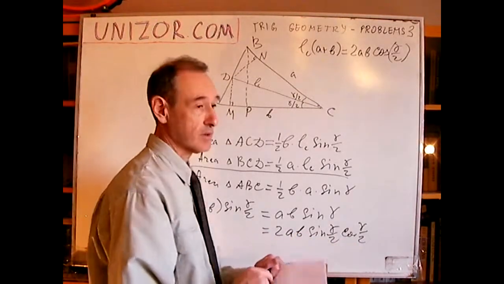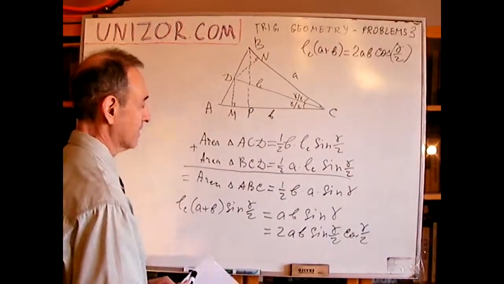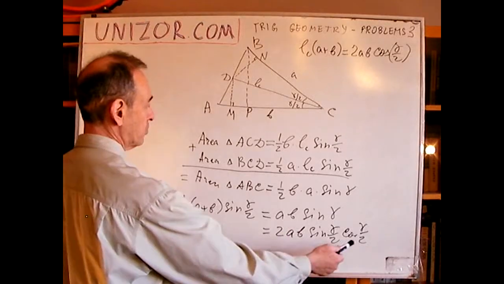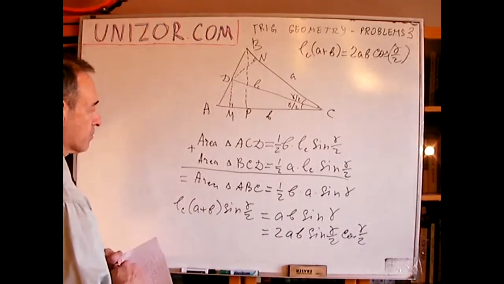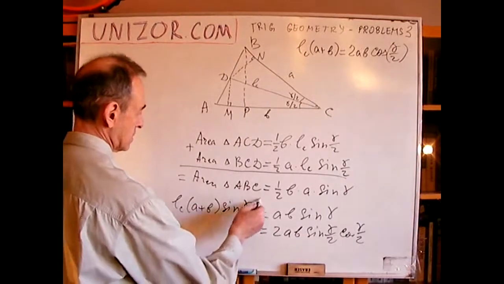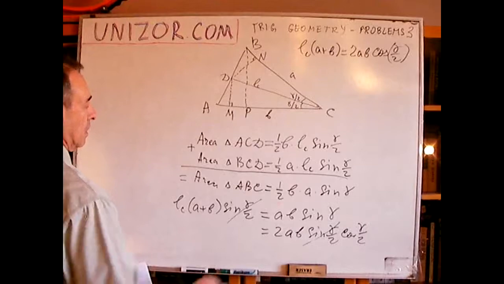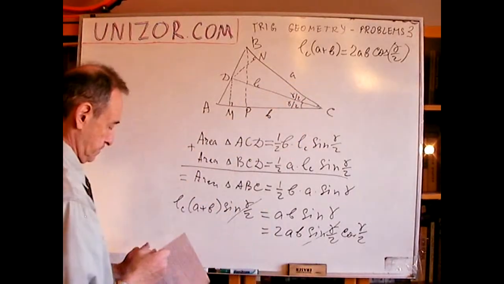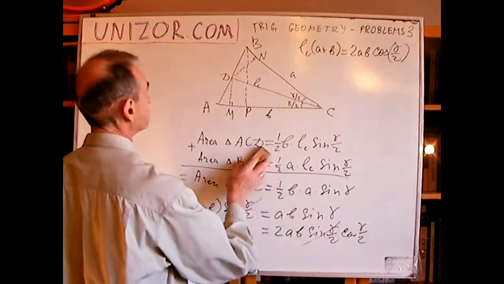I still remember the formula for the sine of the sum of two angles, right? So this is gamma over 2 plus gamma over 2, that's what it is. And from here, obviously, we can reduce by sine of gamma over 2, and we get exactly this. That's it.